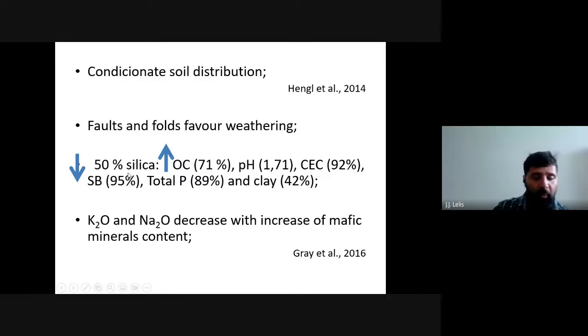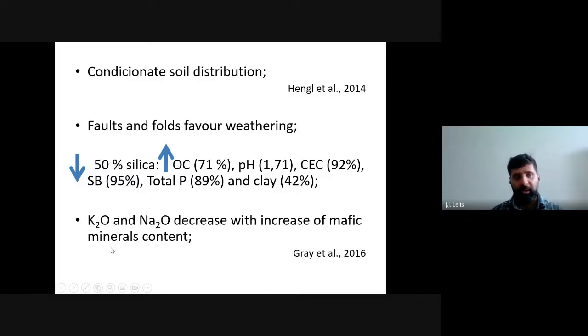So the composition of the parent material and the properties of the soil formed from that parent material, from that rock, are quite related, okay? And the content of potassium and sodium decreases with the increase of key minerals in the parent material.